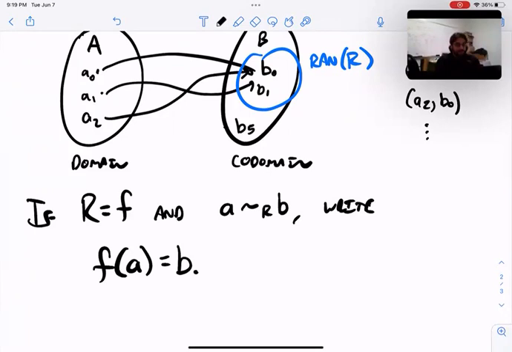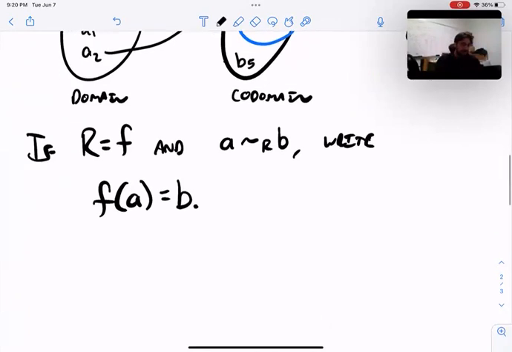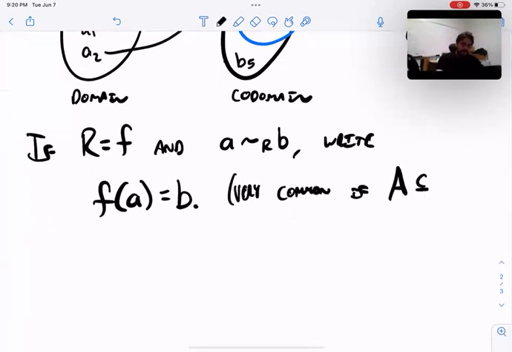I do want to show, however, some other notations. This one is very, very common if your inputs are the real numbers or some subset of the real numbers. This is the context that you're typically working in, in college algebra and pre-calculus, where your inputs come from the set of real numbers.